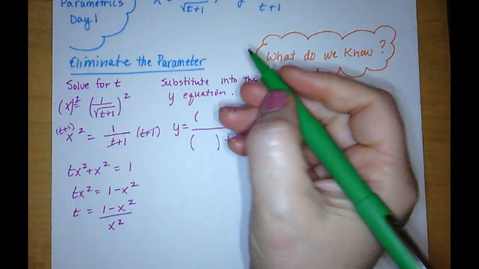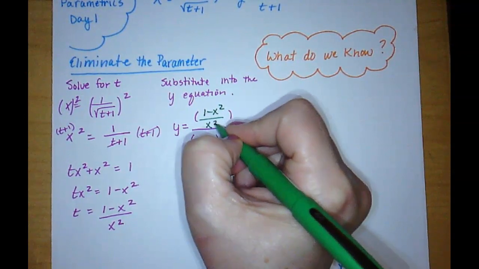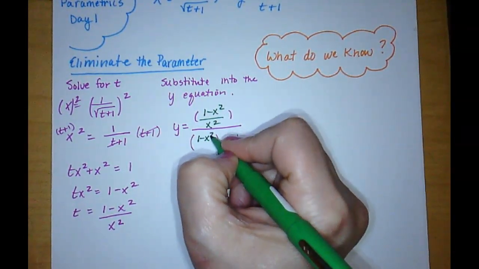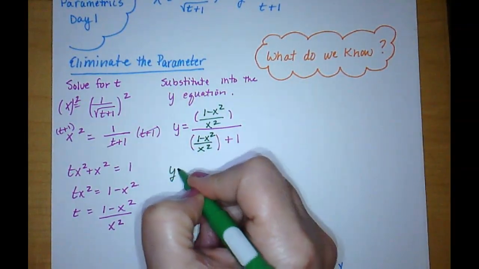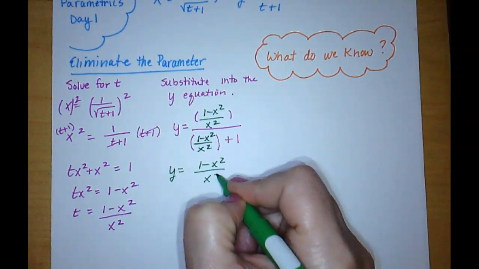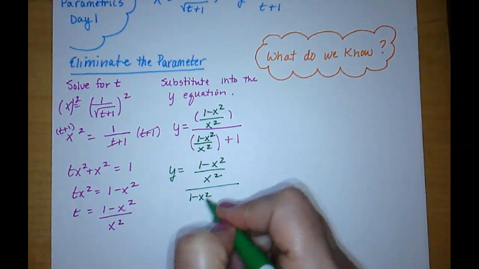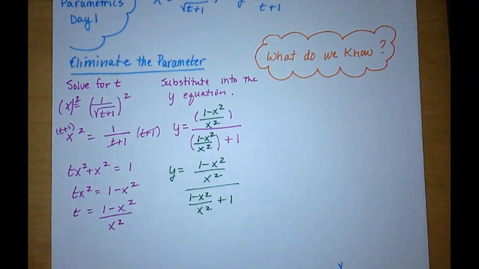So that means I get 1 minus x squared over x squared when I plug into the top, and 1 minus x squared over x squared when I plug into the bottom. So really y equals 1 minus x squared over x squared, over 1 minus x squared over x squared plus 1.